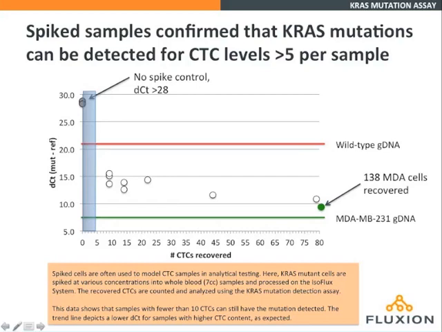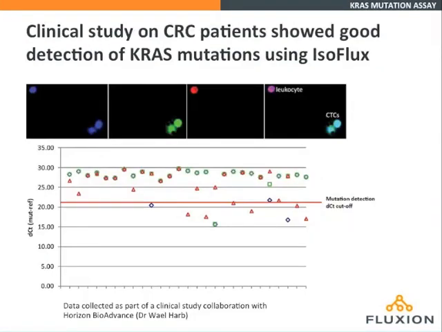So you can see that here on the x-axis we have the counting data for CTCs in matched samples, and on the y we have the delta CT, and we can very easily recognize mutations down to 9 cells in this case. But if you fit this curve, you can determine that 5 CTCs is really the limit of detection for this particular assay. So that is what we focused on here.